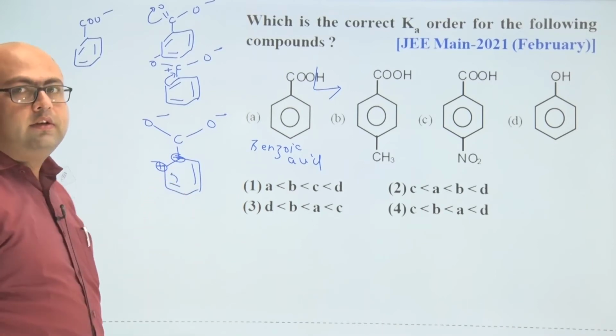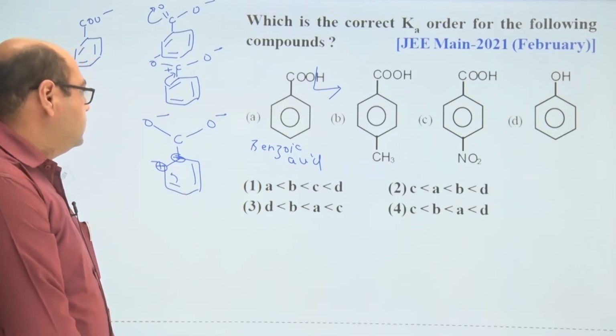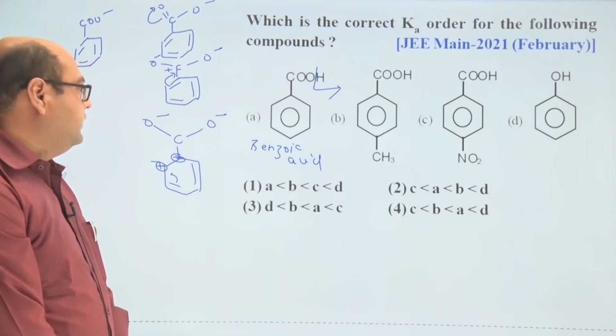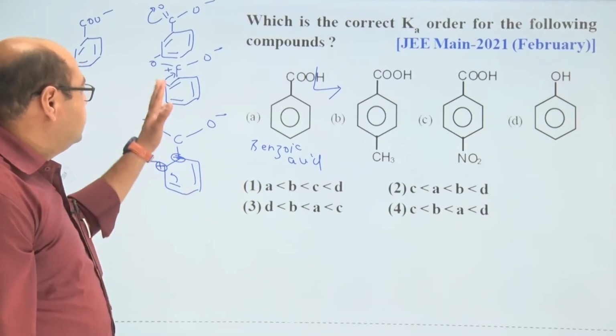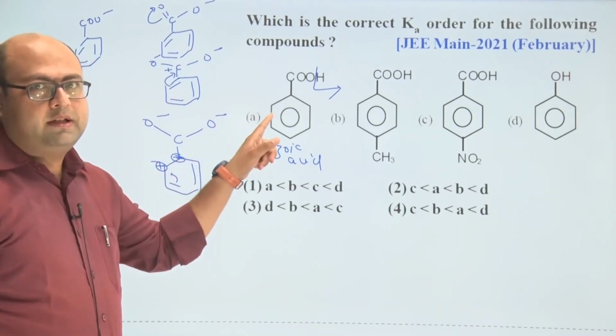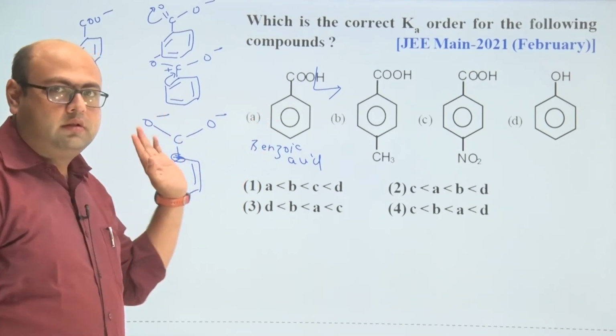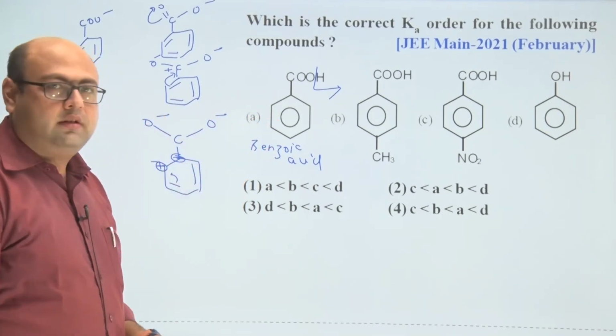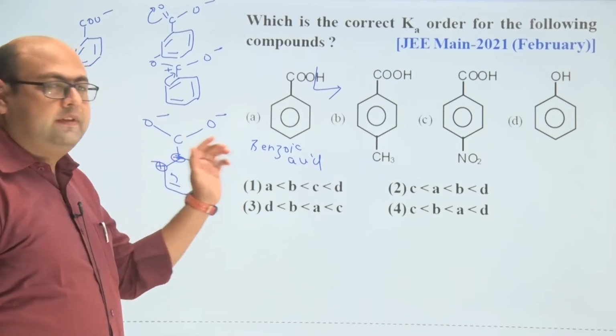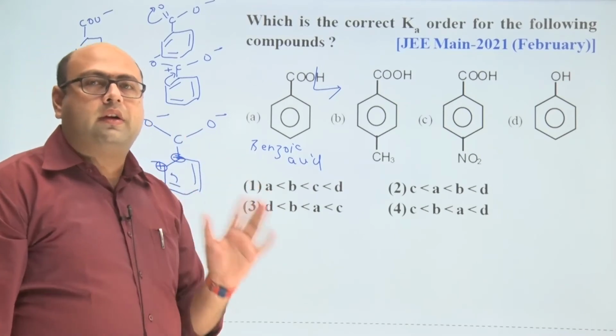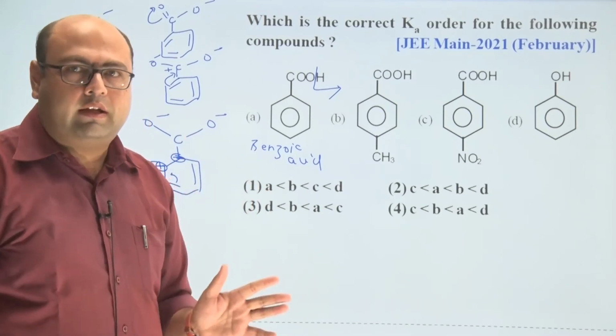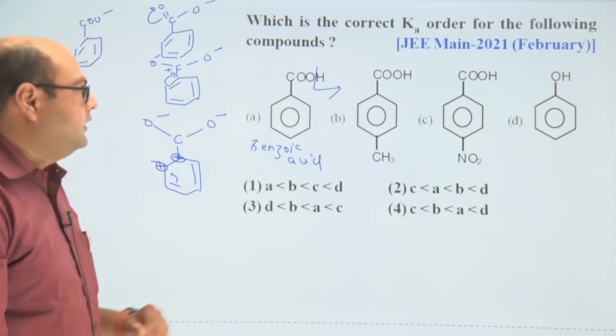The resonance will continue in this compound. So what is happening here? The CO minus intermediate is stabilized by the resonance, and after donation of H plus ion, this anion is stabilized, meaning we can say that it is a good acid. It will have a good Ka value. But let's compare to other compounds.